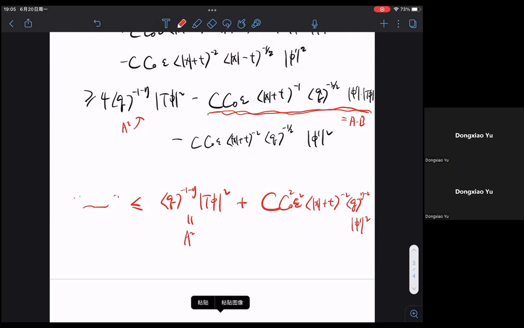So this is my A square. So how about my B? If we take the square of this underlined part, I would get c0 square, (x plus t)^{-2} q^{-3} φ prime square times tφ square. And now I divide this by q to the -1 minus eta's power times t φ square. So this gives us B square, which is the second half here.